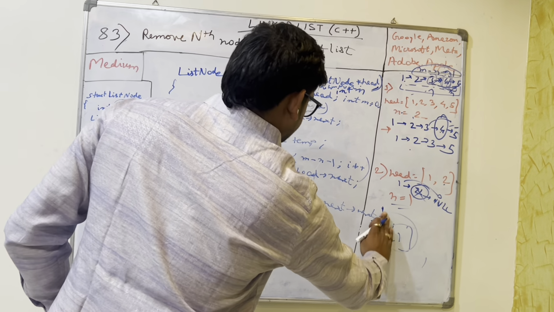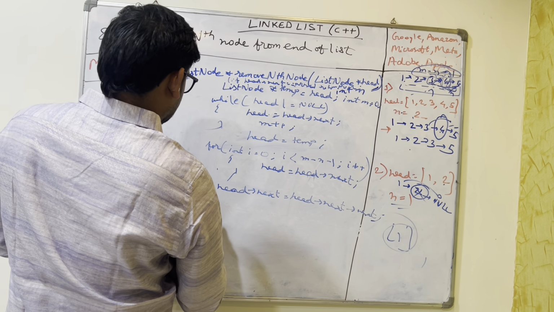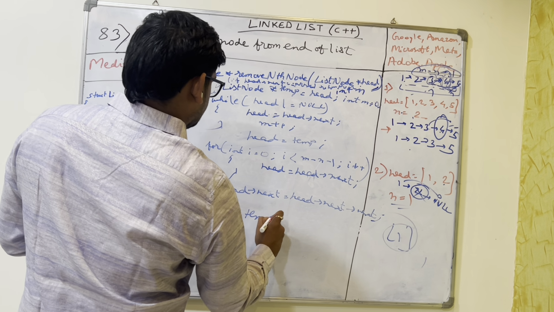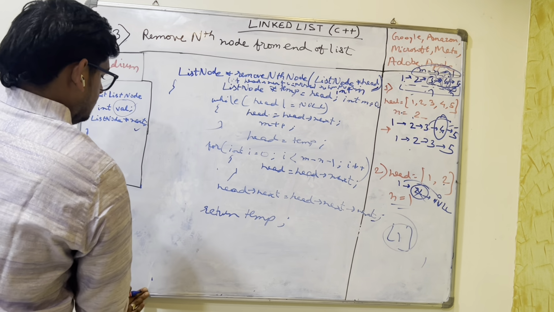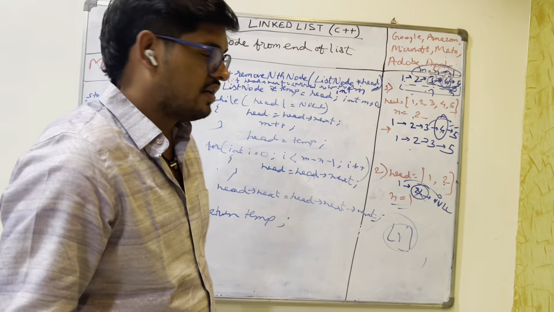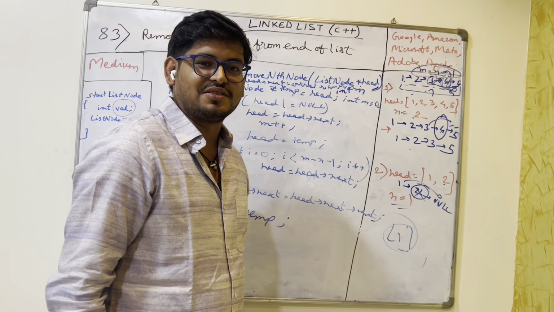And then we will return temp, because it is the starting point. Okay, and our solution is completed. The link to the question is given in the description. Please try it yourself and then come to my code walkthrough section.